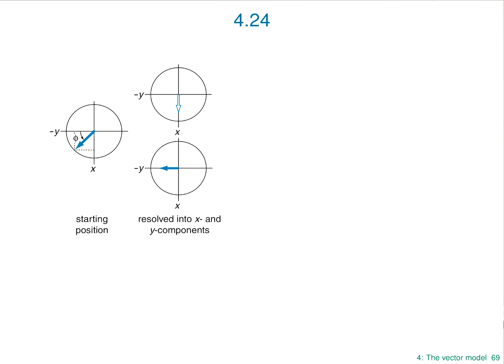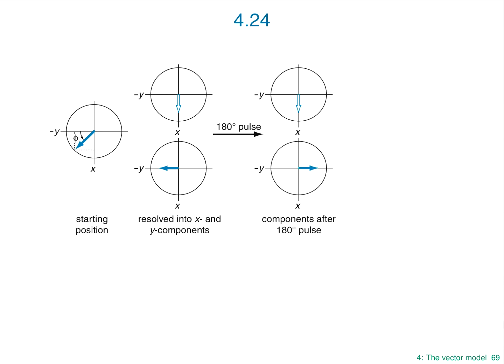Now it's convenient to take this vector and separate it into its X and Y components, to resolve it into its two components. So that's just a bit of geometry. So there's a component along minus Y, and there's a component along X. And if you add those two together, you'll get the vector that I showed you there. So it's just resolving into its X and Y components.